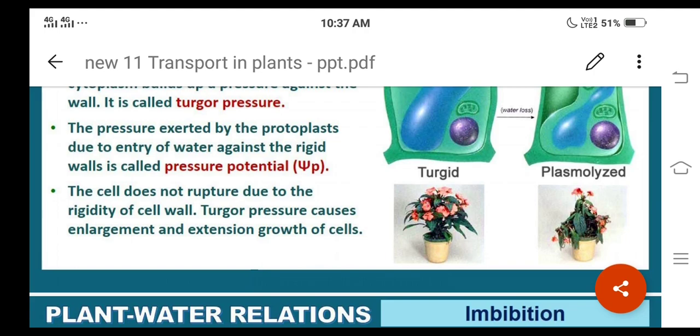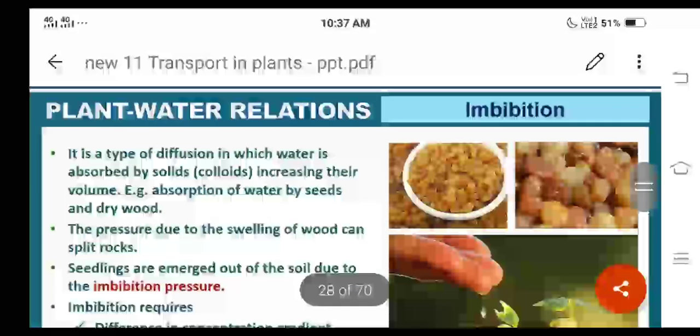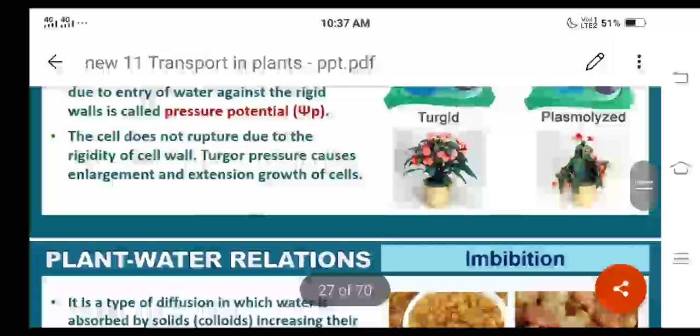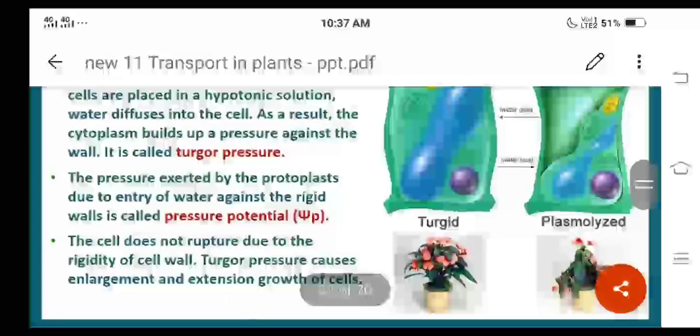The answer is the external hypertonic solution. The external hypertonic solution occupies the space between the cell wall and the shrunken protoplast in the plasmolysed cell. This is the correct answer. Then one more question in the textbook: what would be the pressure potential of a flaccid cell?